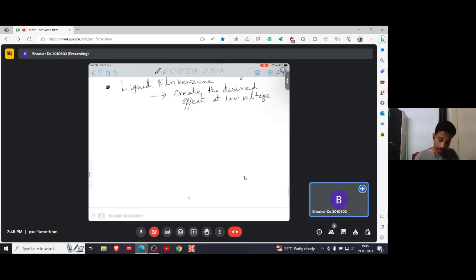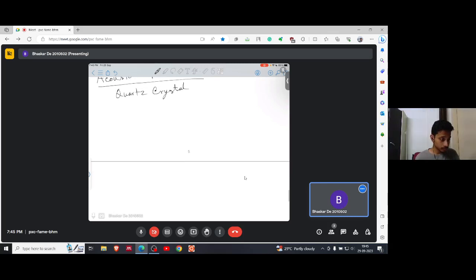Now there is another thing that is known as the acousto-optic shutter, which is also used for precision. So the acousto-optic shutter typically uses a quartz crystal. The configuration is the same as the previous one, but we have a mirror here.